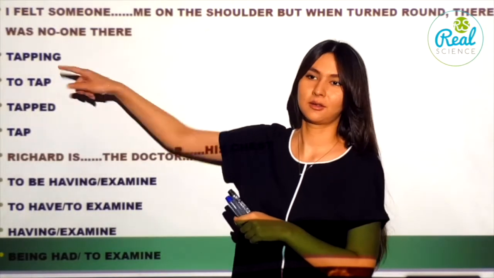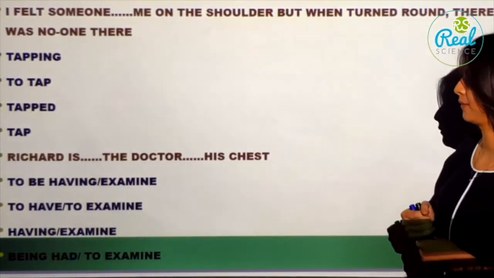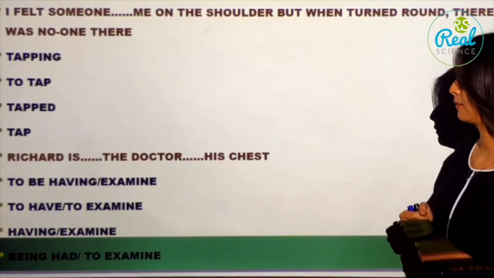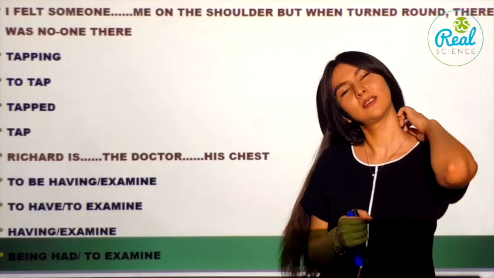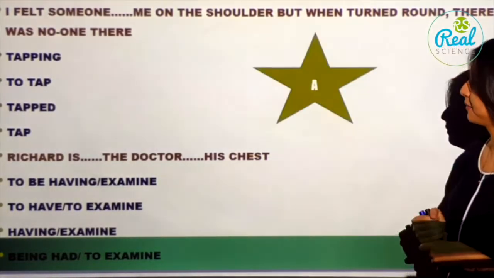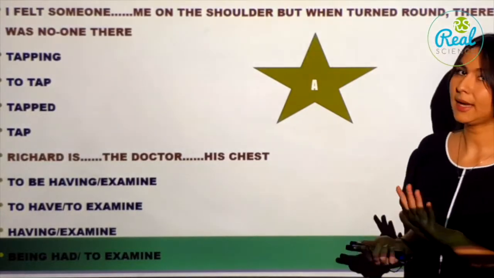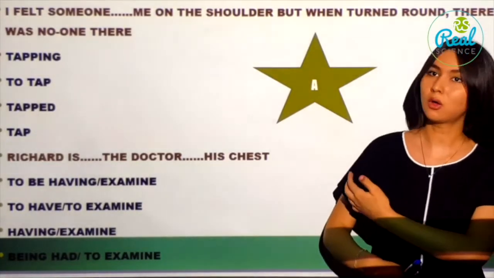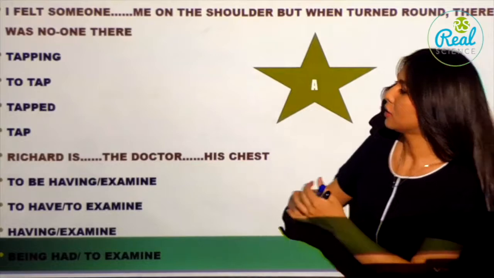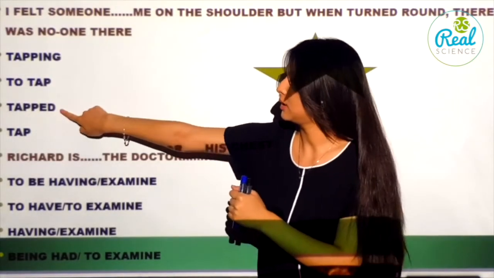It must be past simple because felt. Okay, let's see the answer. It's A1, correct. So tapping, not tapped, guys. I felt someone tapping me on the shoulder. So the best option is A1, not D.